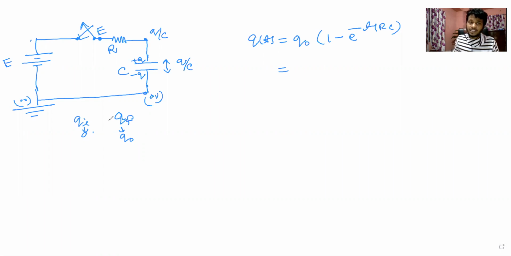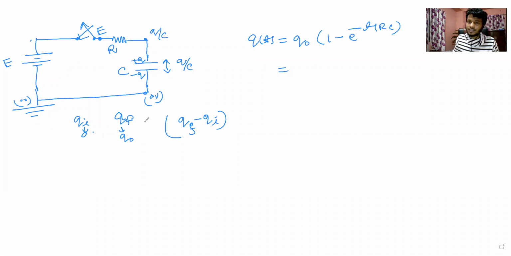Initially the charge was 0, which can be represented by qi, the initial charge, and the final charge is Q naught. So it means during the charging phase of the capacitor, the capacitor has gained this amount of charge, final charge minus initial charge, isn't it?